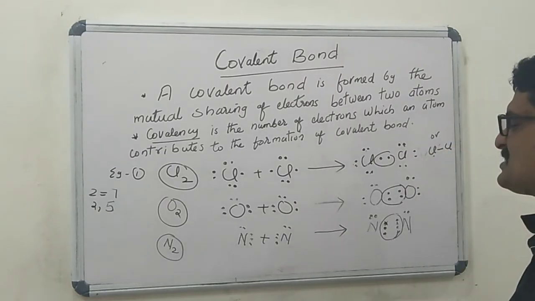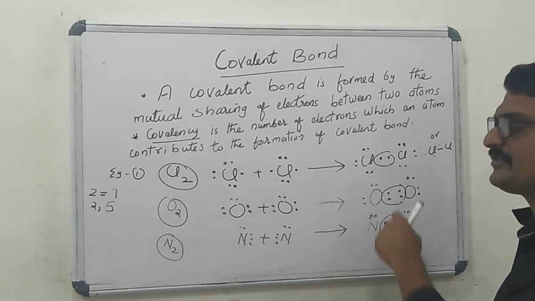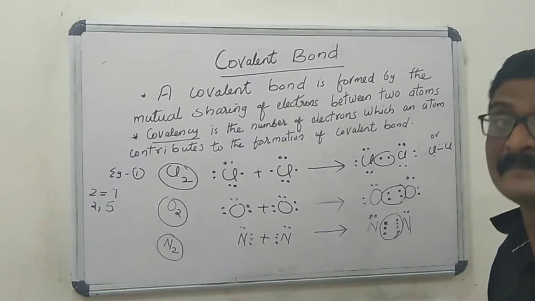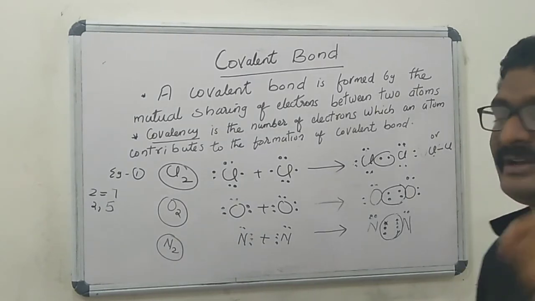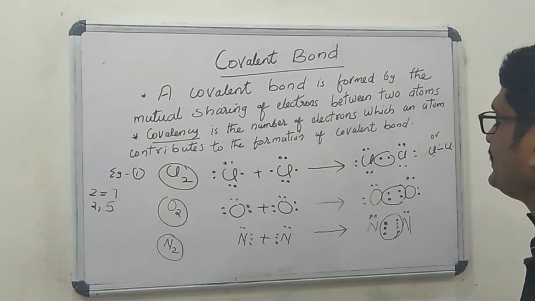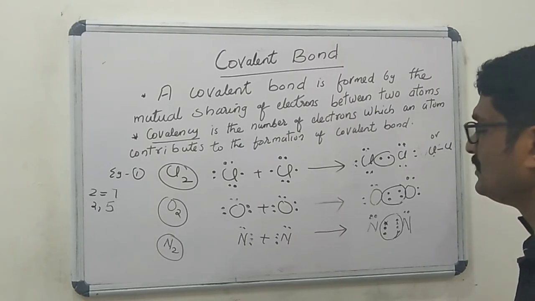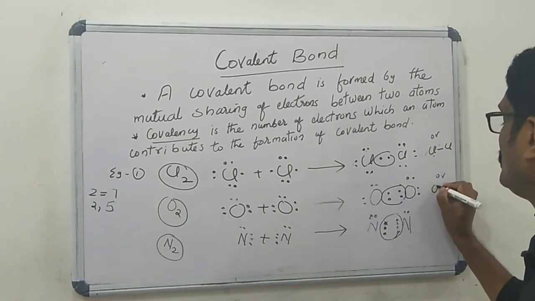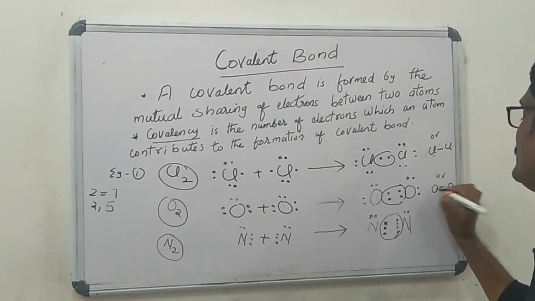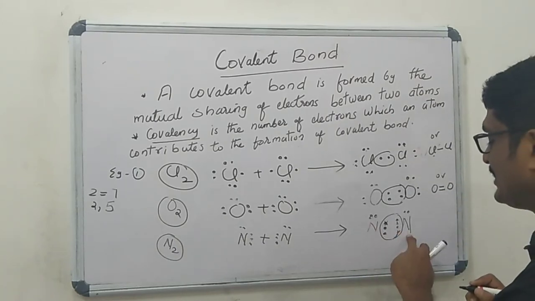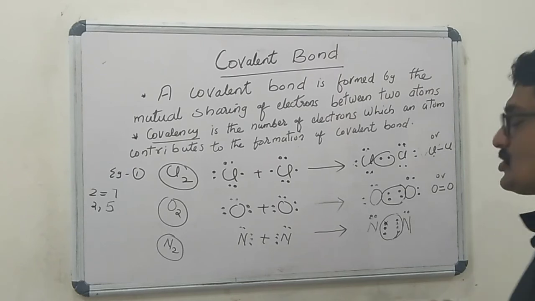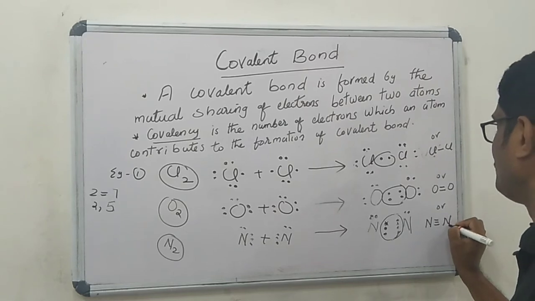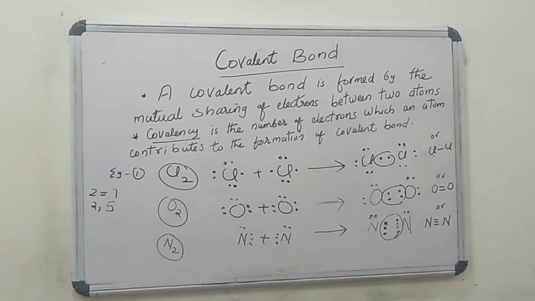Then in the case of O2, 2 pairs of electrons are involved in sharing. Here the bond formed is a double bond, represented by 2 lines. Then in the case of N2, 3 pairs of electrons are involved in sharing, so N triple bond N.